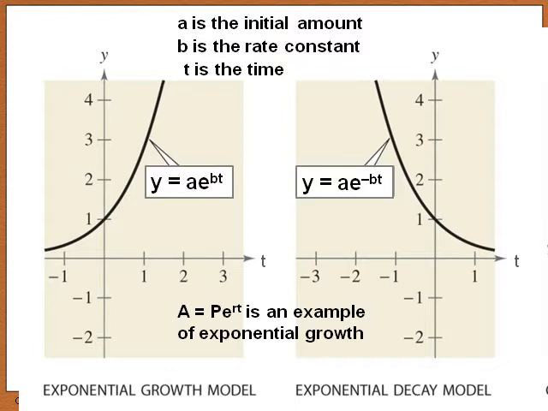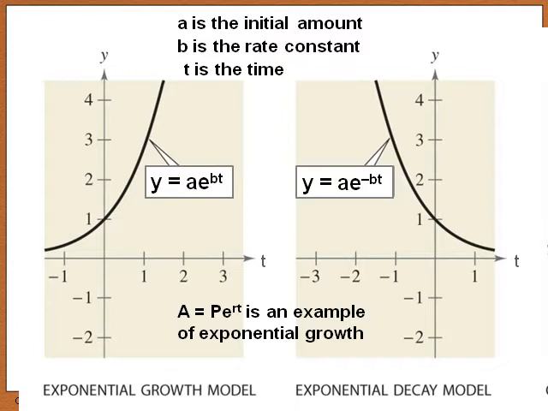And as we can see here, it fits in perfectly with the exponential growth model. A is the final amount. P is the initial amount, or in this case, little a is what represents it on the model. e is e, of course, and then r is the rate constant, and t is time.